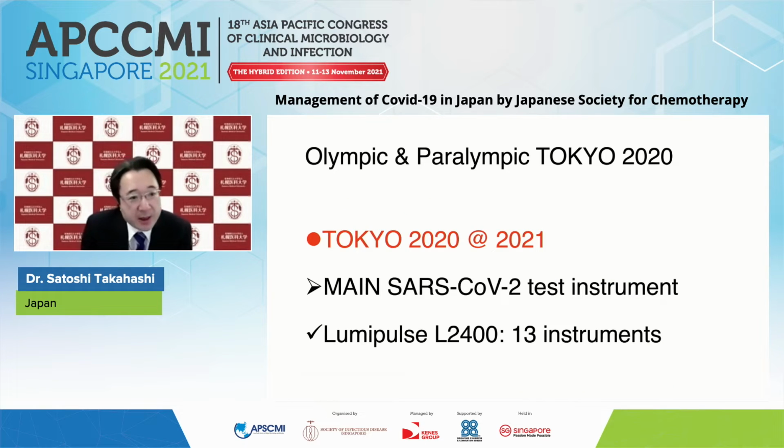At Tokyo 2020, the main SARS coronavirus 2 test instrument was the LumiPulse L2400. It's a big quantitative antigen test instrument.